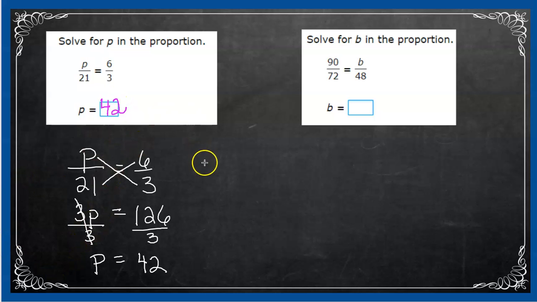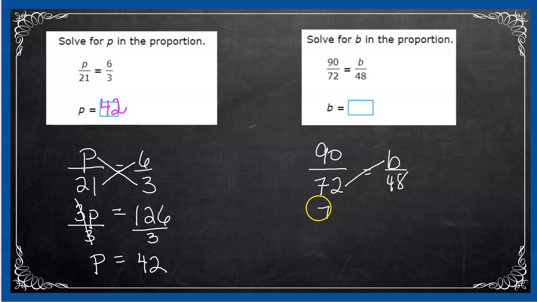So that's how I would use cross products to solve a proportion. This is also a review from a previous video. Okay, this next one I would do, let me rewrite it. I would multiply 72 times B first, because I like to have my variable on the left side. That's the only reason I do that. What is 90 times 48? 4,320.